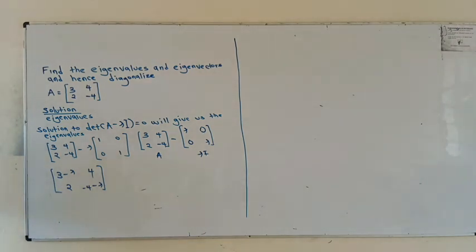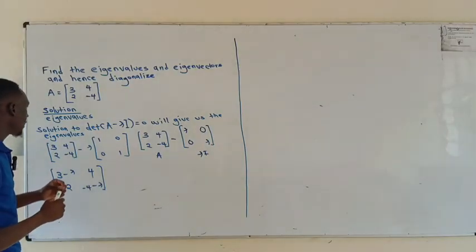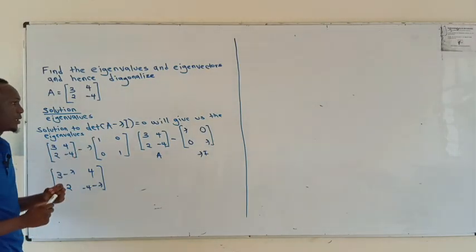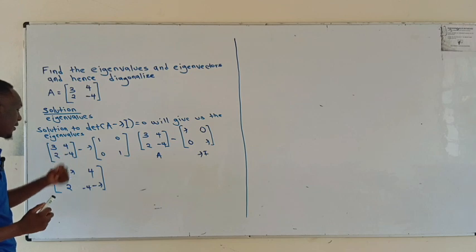Now we need to find the determinant and equate it to 0. And the solution that we will find, that is lambda 1 and lambda 2, will be our eigenvalues.